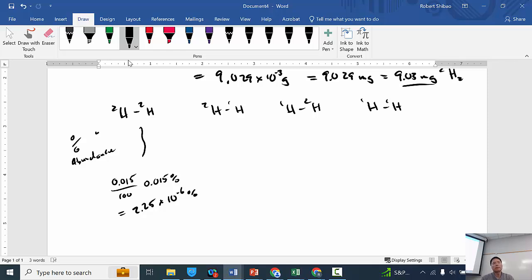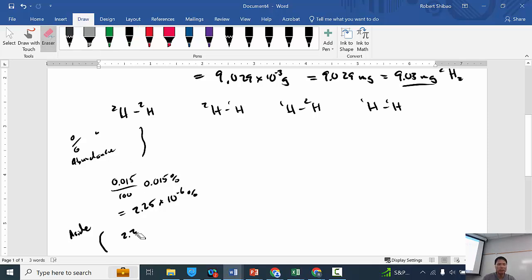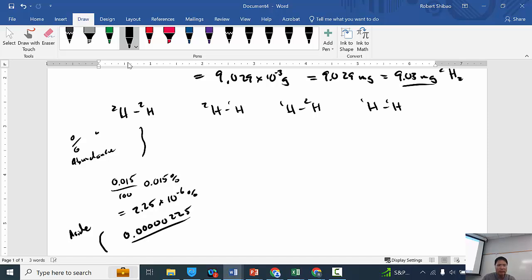And so I like to put these percentages into perspective. You don't have to do this, this is an aside. The only reason I do this is to try to visualize how many deuteriums there are in a sample of hydrogen. So I'm going to say that there's 5 zeros, 1, 2, 3, 4, 5 zeros and a 225 out of 100.